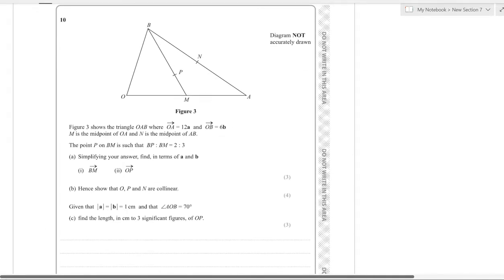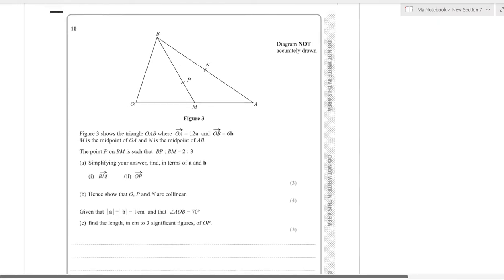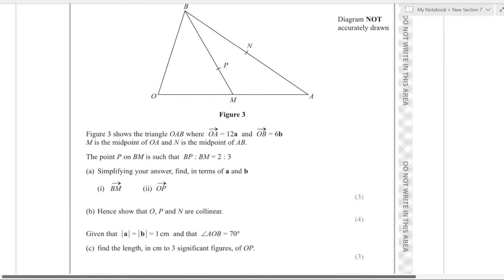Question number 10 is about vectors. Figure 3 shows the triangle OAB, where OA is 12A, OB is 6B, and M is the midpoint of OA and N is the midpoint of OB.